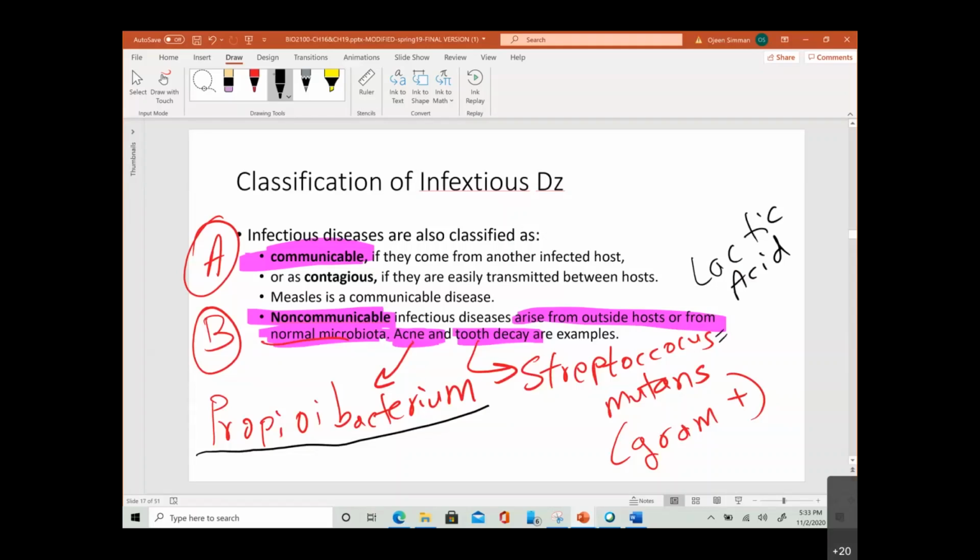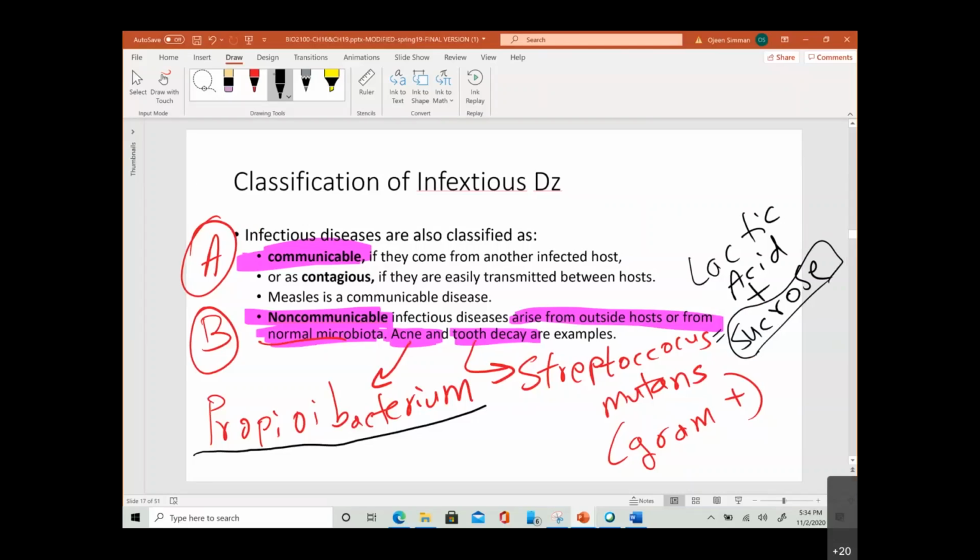Lactic acid plus the presence of sucrose, which is a sugar, can cause disease. So it needs sucrose in order to cause tooth decay. Without sucrose or sugar, it cannot cause tooth decay. So basically, if you know anybody that has never had any dental decay or tooth plaque, it's because they just never eat candy in their life.